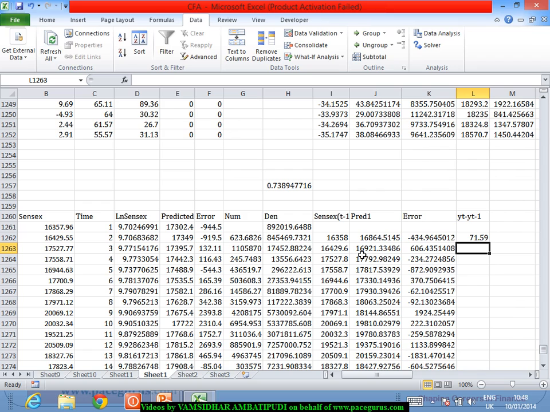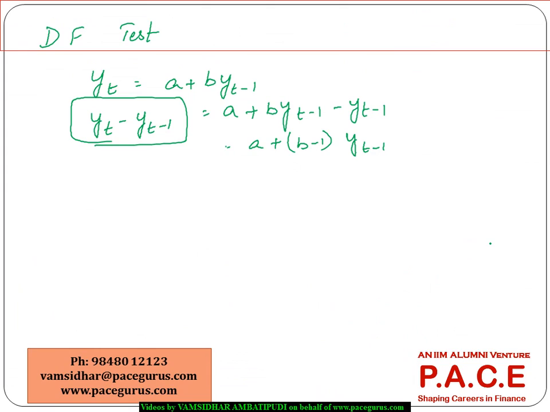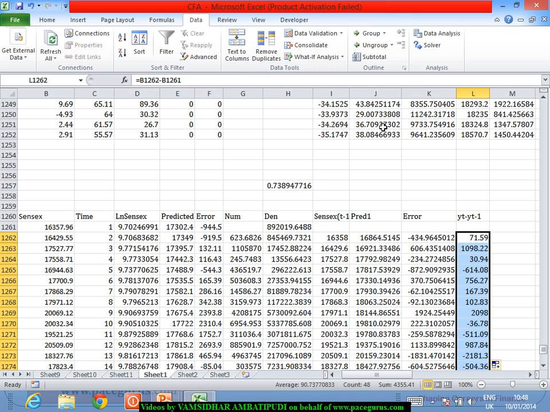So this is my dependent variable now, and I will take yt minus 1 as the independent variable. So now I will take the regression. This is the dependent variable and this is my independent variable. Right, so using these two, let's say I am doing a regression.